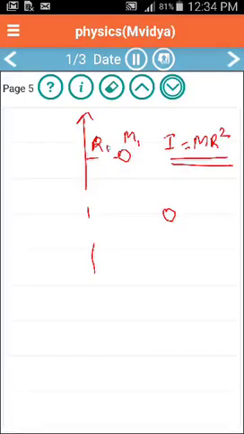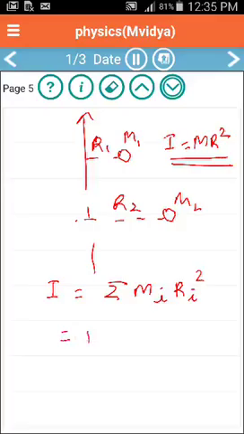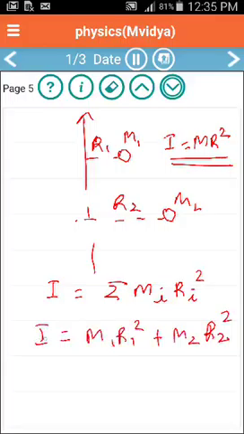So m1 rotating at a distance of r1, m2 at a distance of r2. So as per the moment of inertia concept, moment of inertia for a system is summation mi ri squared. That is, it will be m1 r1 squared plus m2 r2 squared. So I can write it as I1 plus I2.